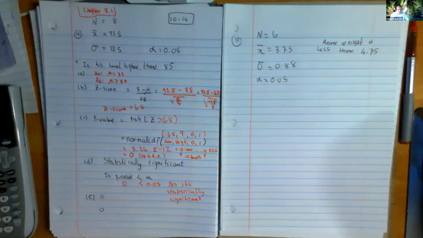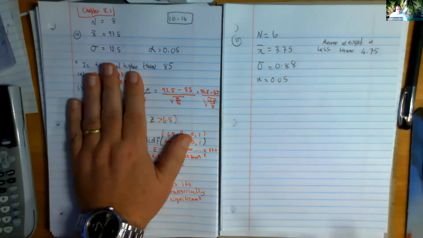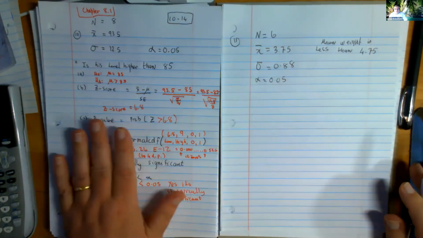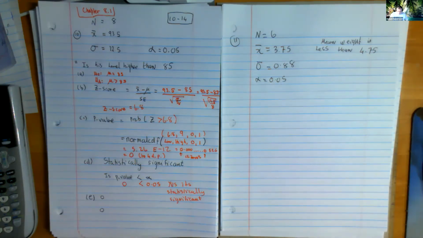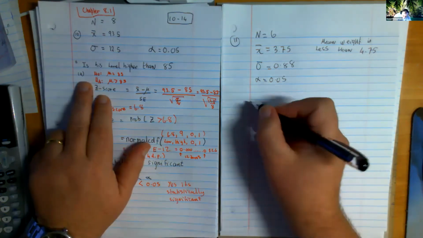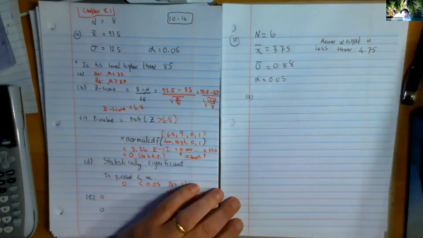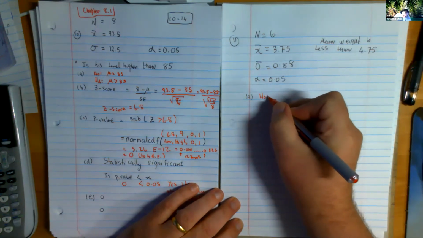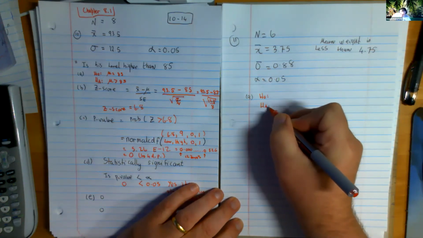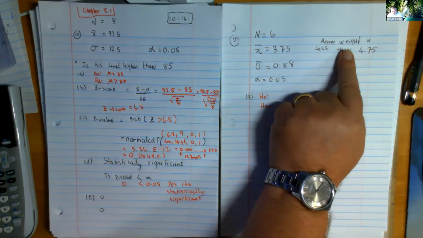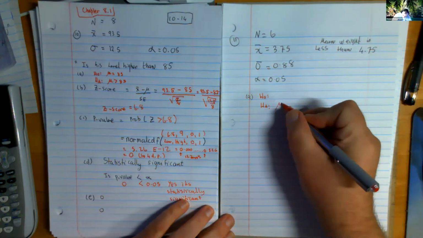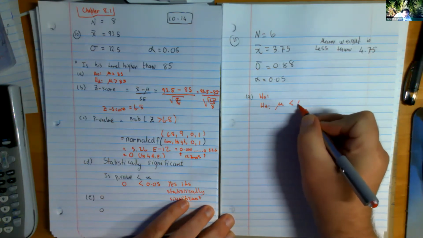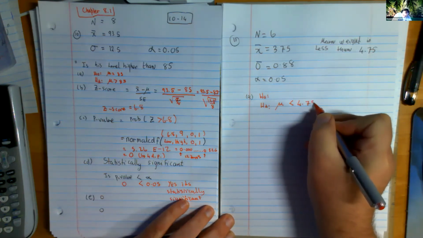And I've got this guy on the left here, and this is the new guy. I hope that when you see them side by side, you'll see how much they share in common. Question A is you have a null and an alternate hypothesis. We're trying to prove, is there enough evidence to prove that the mean weight mu is less than 4.75?